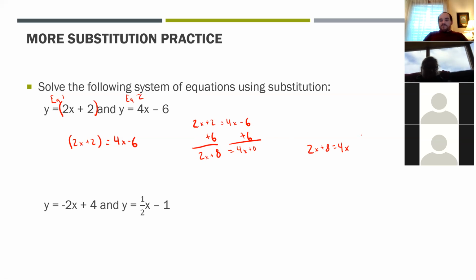Dividing both sides by 4, you could, but it's going to give you a half x on one side. So we don't want to do that just yet. There's one thing we want to do first. What do we always want to have on the same side?